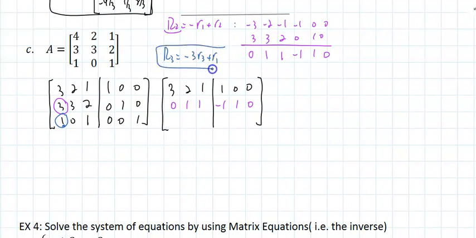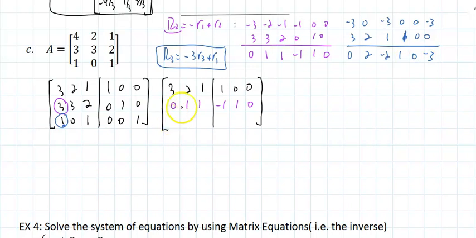If I do this work, multiply row 3 by a negative 3, that's negative 3, 0, negative 3, 0, 0, negative 3. Add it to row 1, but put the result in row 3. 0, 2, negative 2, 1, 0, negative 3. Very good. Next step, make that a 0, using those two.